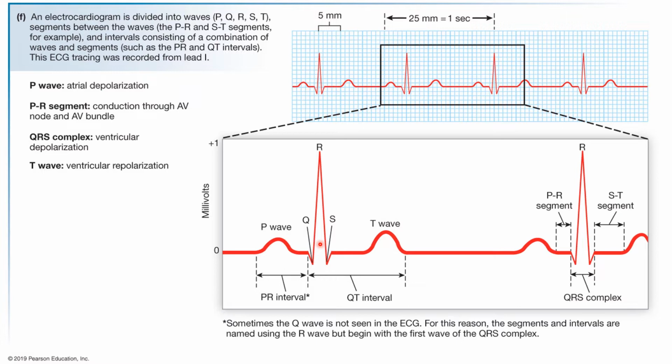So when is that going to happen? That happens right here. During the QRS, your atria are going to be repolarizing, and then following that, they will be relaxing. The T wave is representing the ventricular repolarization, and right after the start of the T wave, your ventricles are going to start to relax.